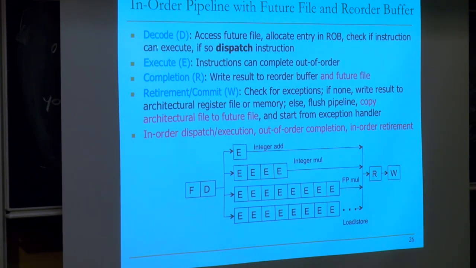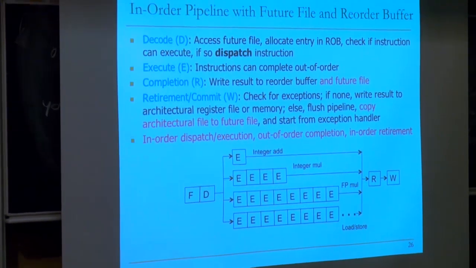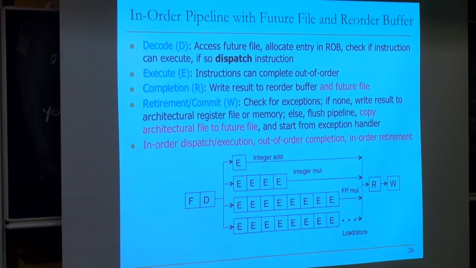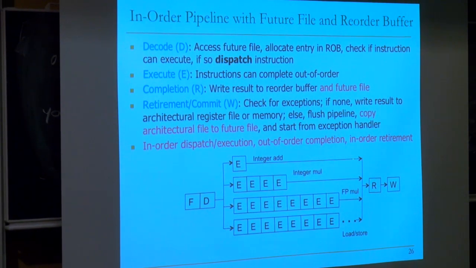Of course, it checks if the instruction can execute. If so, it dispatches the instruction into the appropriate functional unit. In the execute stage, instructions can complete out of order. When the instruction completes, it writes its result to the reorder buffer as well as the future file. It's not shown here. I guess I need to update these figures. But yeah, it writes its result to two places, the reorder buffer and the future file.